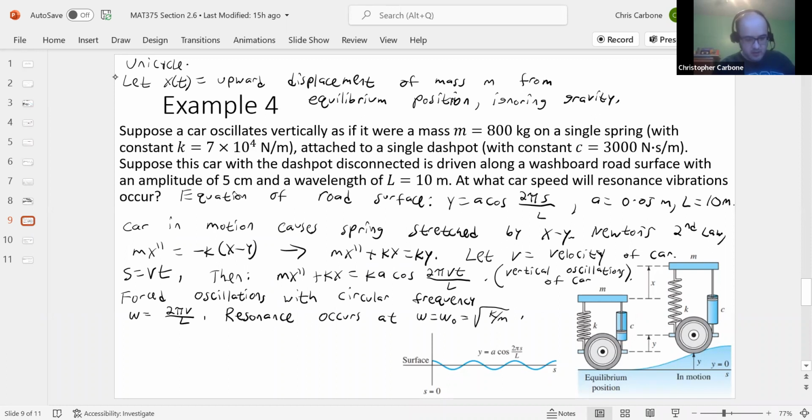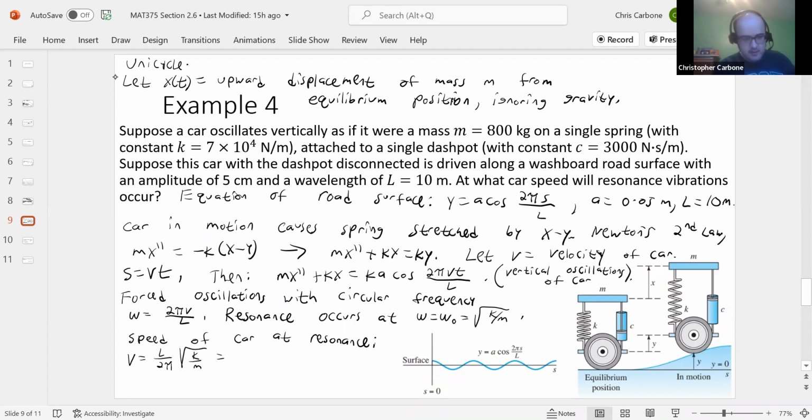So the speed of the car at resonance should be v is L over 2 pi times the square root of k over m.